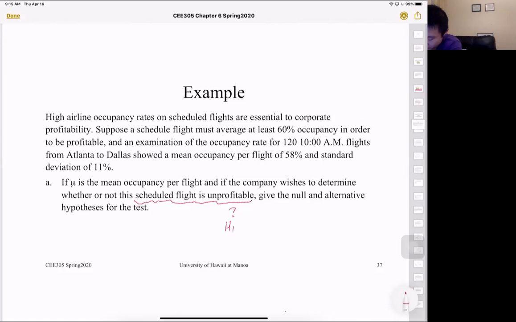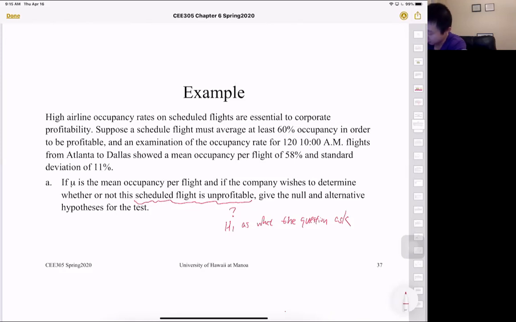So H1 is what the question asked. All right, and then the opposite will be H0.